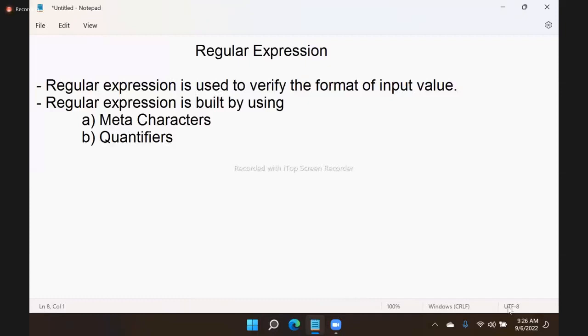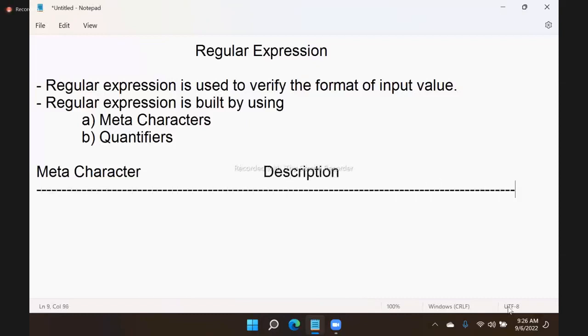Yesterday I explained one point that we use meta characters in general when searching for files and all. So actually, for meta characters, we have the meta character and its description. We will take a tabular form. What are the meta characters and how to handle them?